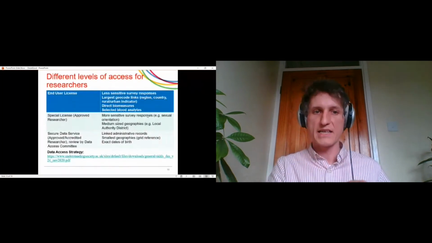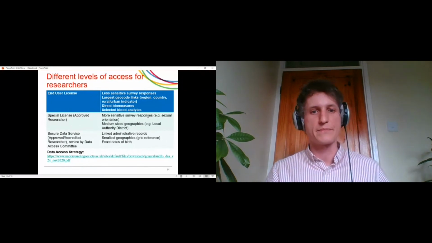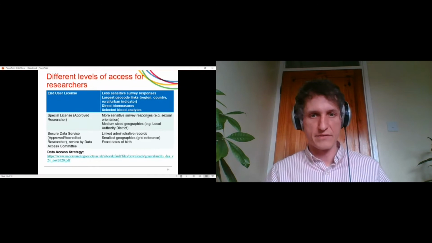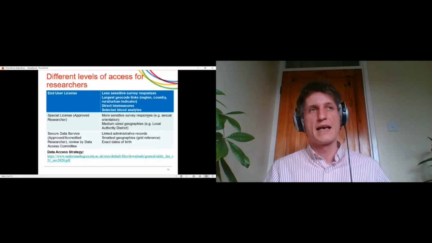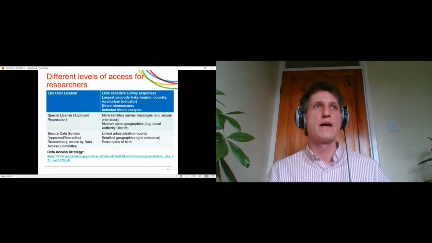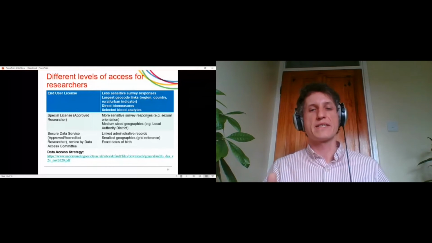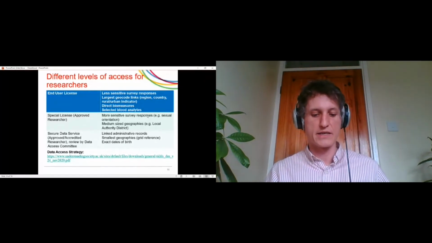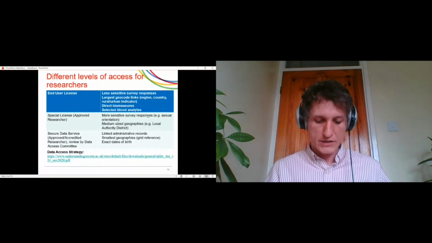It's that easy only for the end user license. We have basically three different levels of access for researchers. The reason there are different levels is that there is some very sensitive and potentially disclosive data in our study.